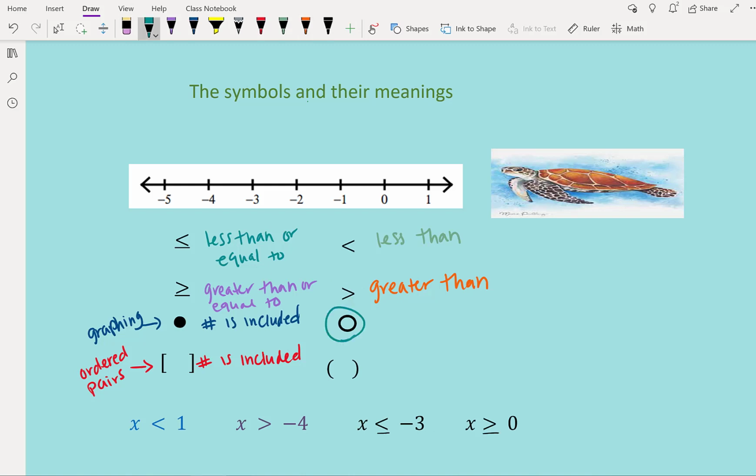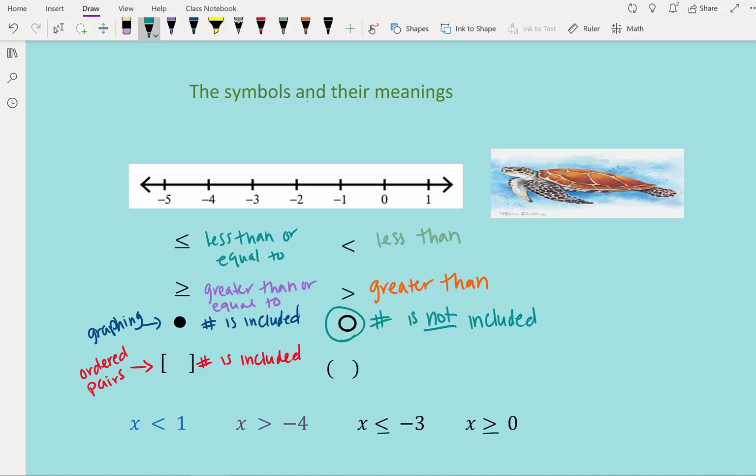All right, our open circle here means that the number is not included. And so we use the open circle to really mean that every single number leading up to that number is going to be included, but this one's not, but it's the easiest part to graph.